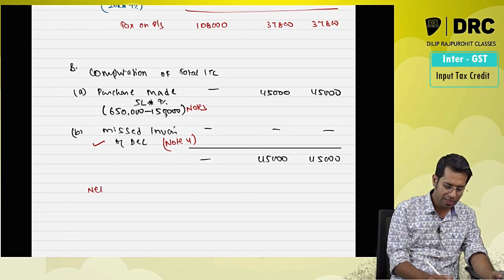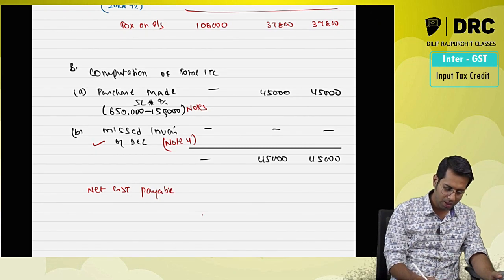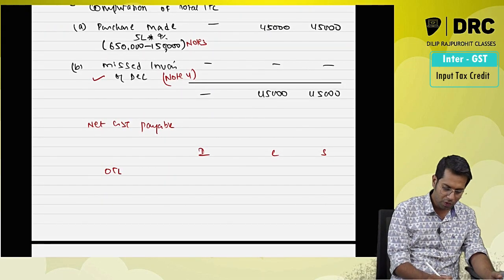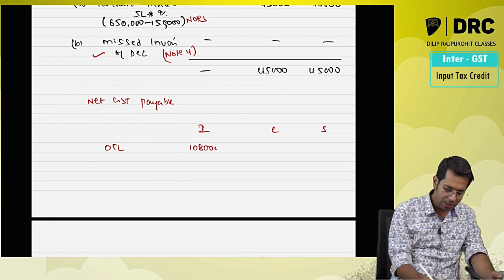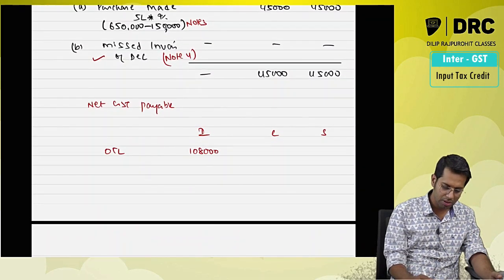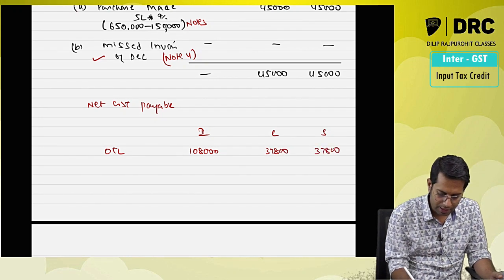So computation of net GST payable: IGST, CGST, SGST. Output tax liability is how much? 1,08,000, 37,800, 37,800.